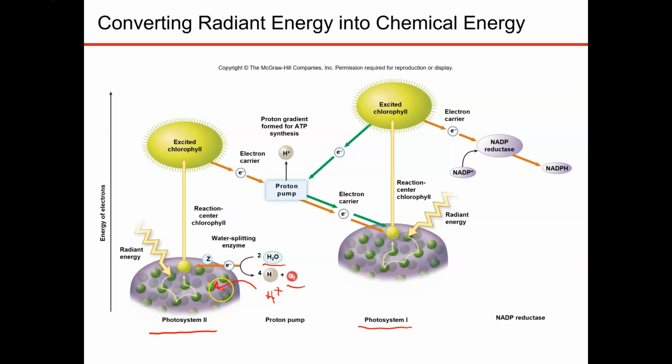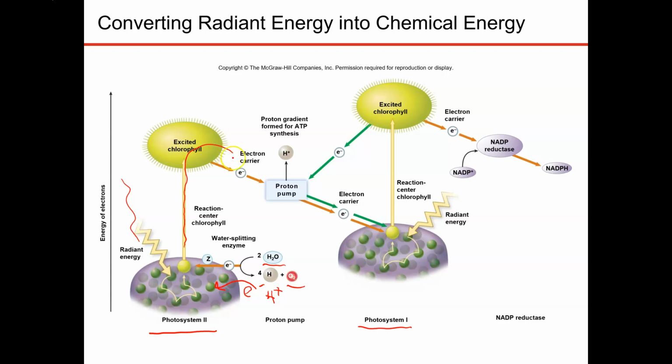So here we have electrons moving into photosystem 2. Sunlight energy comes in and traps the energy. This energy excites the electrons. As they get excited, they move up in energy levels and eventually they jump into an electron transport chain.